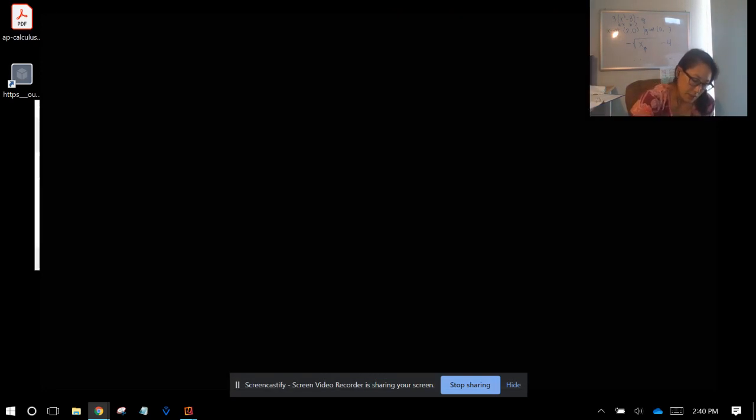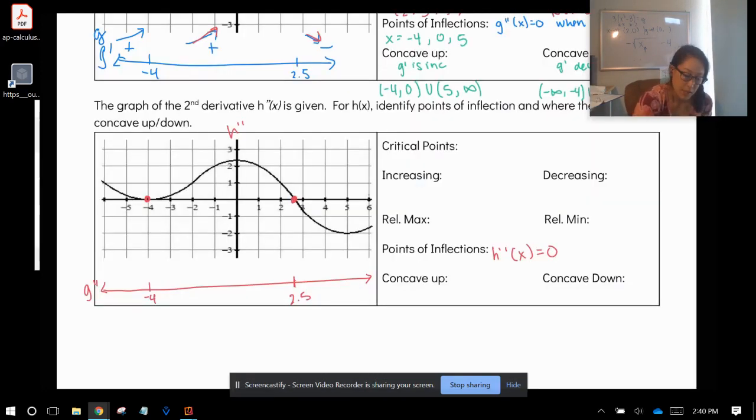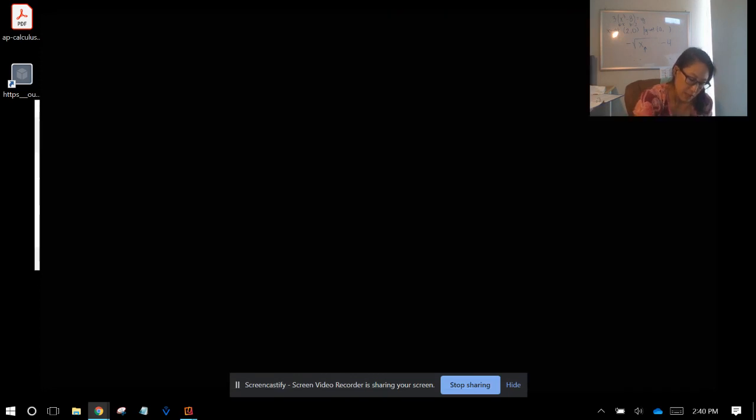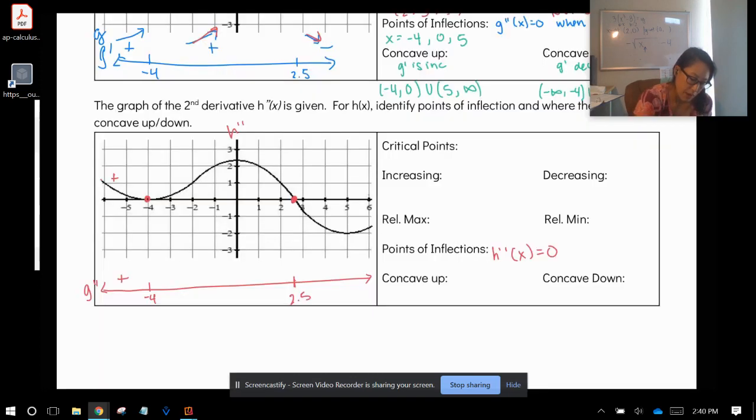I need to look at what's happening with the outputs when our graph is less than -4. Looks like the outputs are positive. Okay. And then between -4 and 2.5, again, the outputs are positive. And then from 2.5 on to infinity, the outputs are negative.